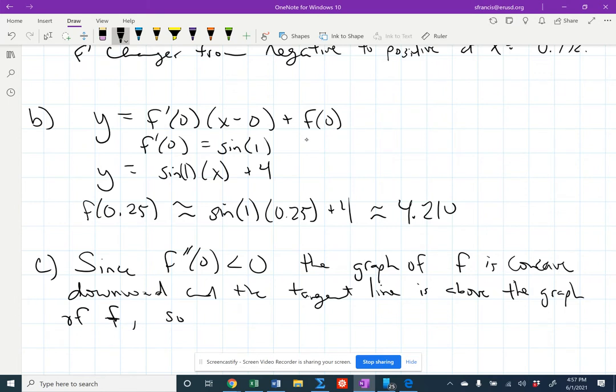So our approximation is an overestimate.